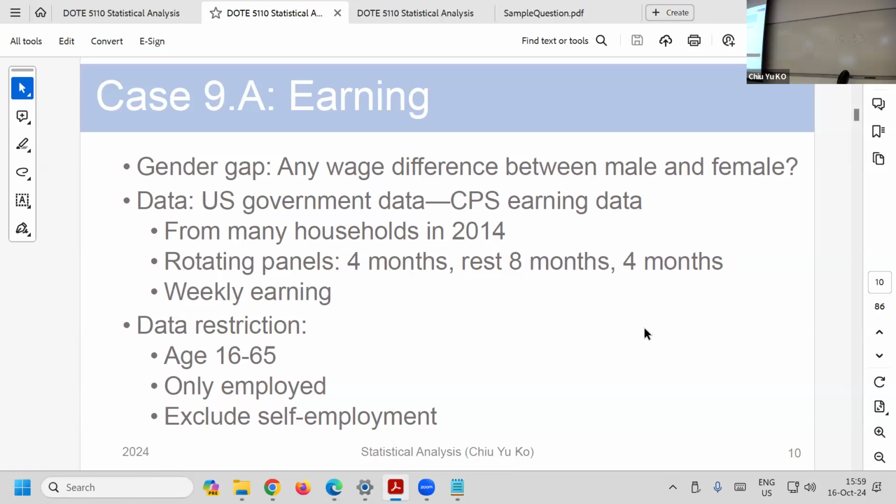One of the main problems is that later you will see we have to be very careful about the data itself. First, we have to restrict to age, and we include the employed people and exclude self-employment. Okay, so that is the restriction.